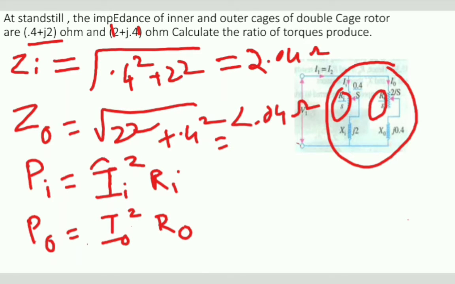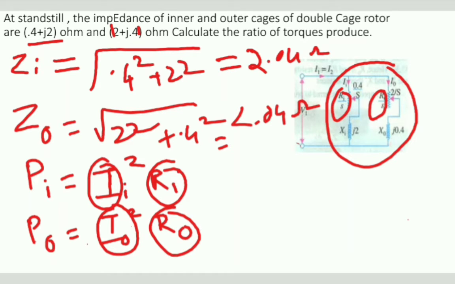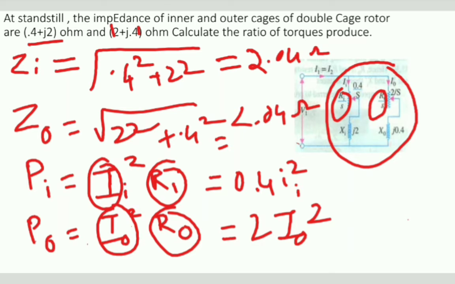We don't have the current values, but we know Ri and Ro, so we can write Pi as 0.4 Ii square, and Po as 2 Io square. Why do we find Pi and Po? Because we want the ratio of torques, and torque is directly proportional to power. So by finding the power, we can directly find the ratio between the inner cage and outer cage torque.